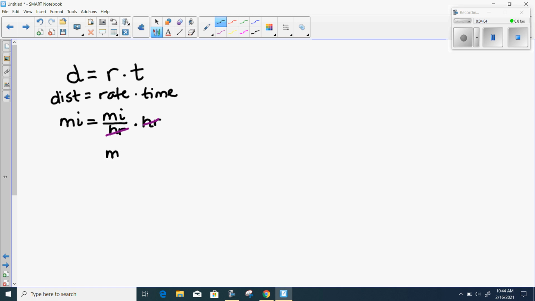Maybe I'm doing a physics problem, and the speed, the rate is given to me in meters per second. Well, then I need to time my project in seconds so that when they cancel out, that leaves me with meters for my distance unit. Maybe I am studying the change in the coastline off of Florida or California, and I'm measuring that change.